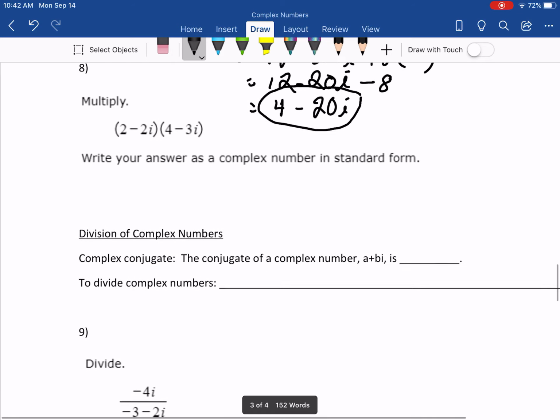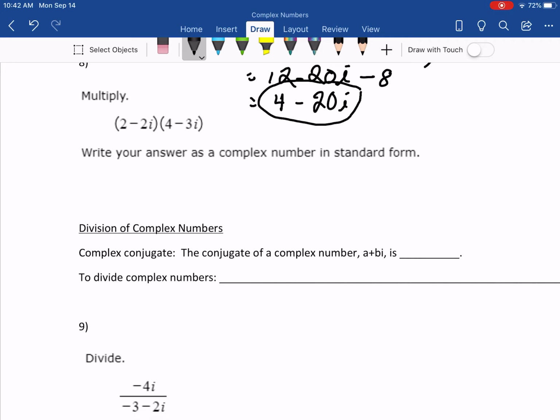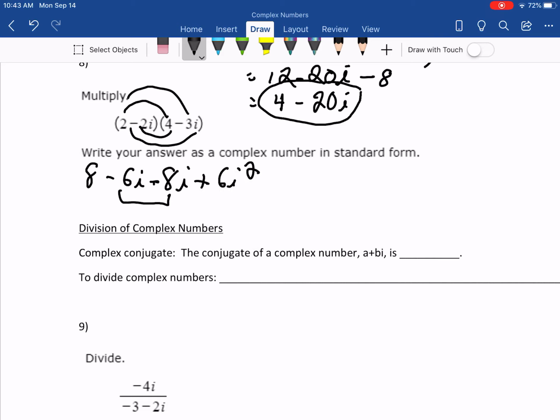Okay, number 8. So we'll distribute the 2. 8 minus 6i minus 8i plus 6i squared. Like terms over there.